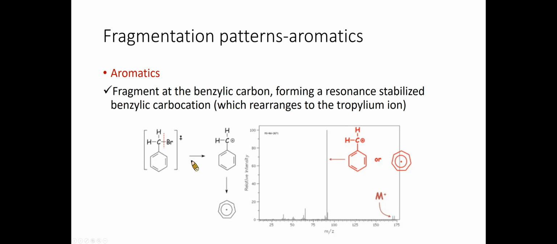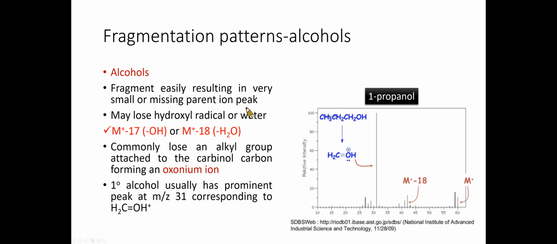Following the same principle, aromatics also prefer to form the carbocation next to the aromatic ring. The carbocation will resonate with electrons on the aromatic ring. For alcohols, fragments can be easily formed upon collision.